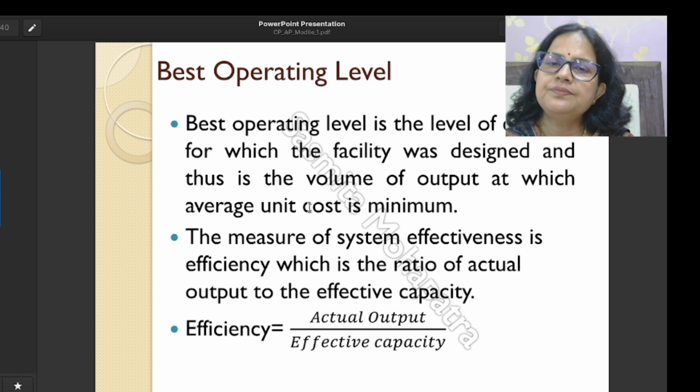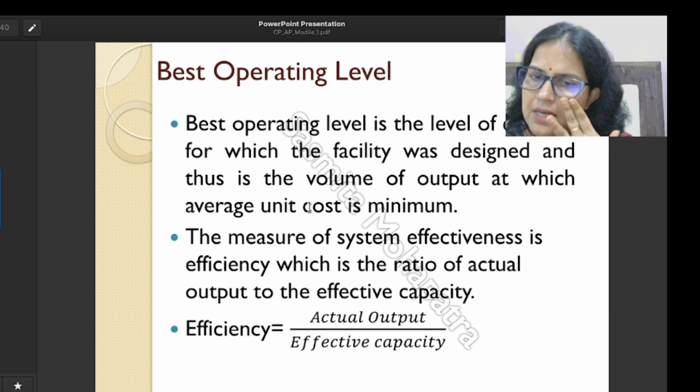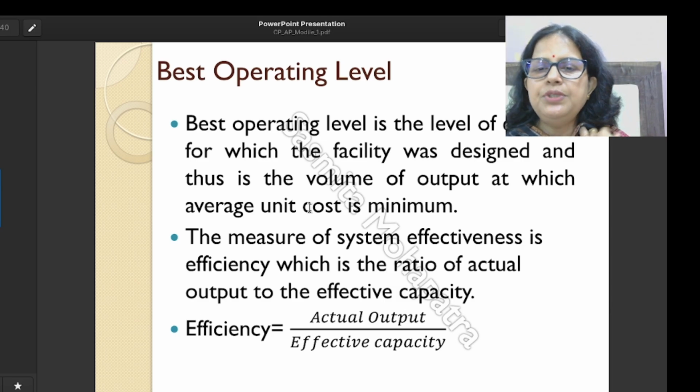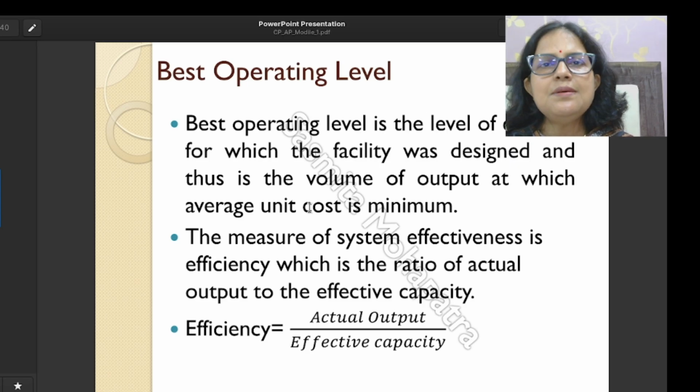When we always run the plant at the best operating level, the cost per unit is minimum, or we can decrease the production cost per unit. Utilization is the measure of system effectiveness or efficiency, which is the ratio of actual output divided by the effective capacity. Effective capacity is also called the system capacity.